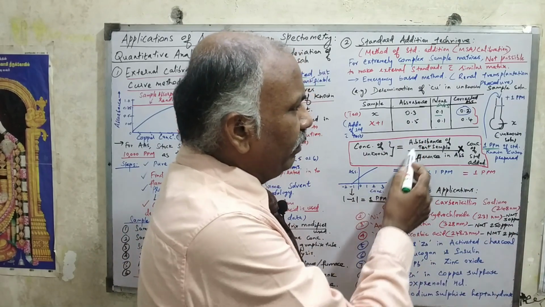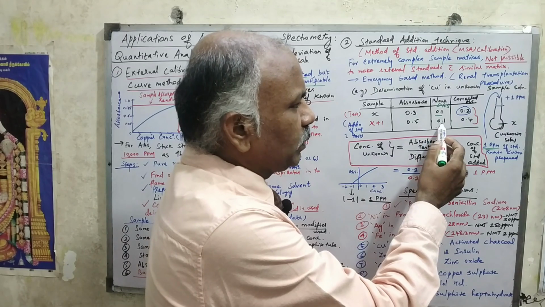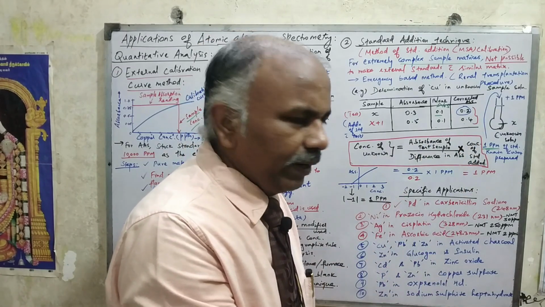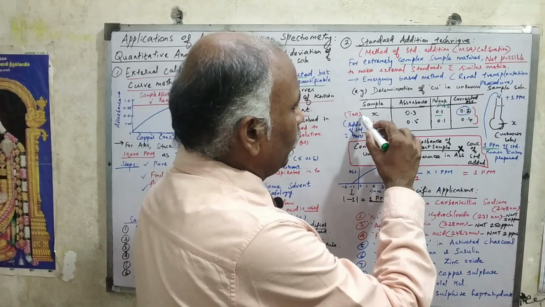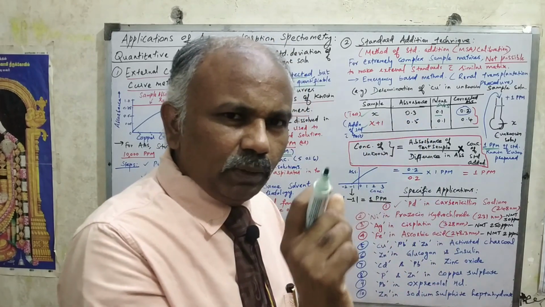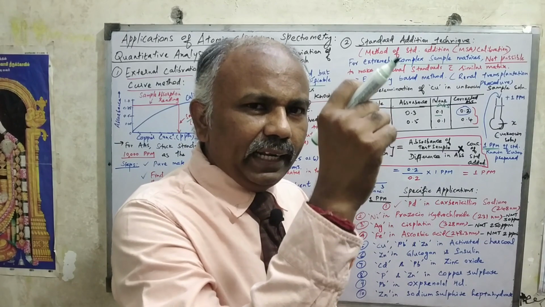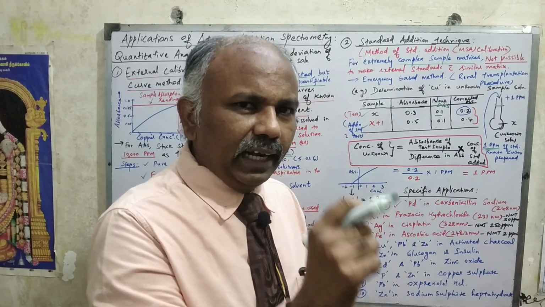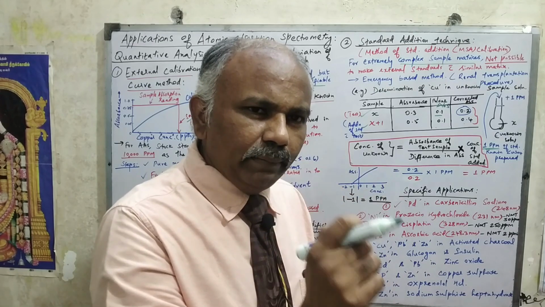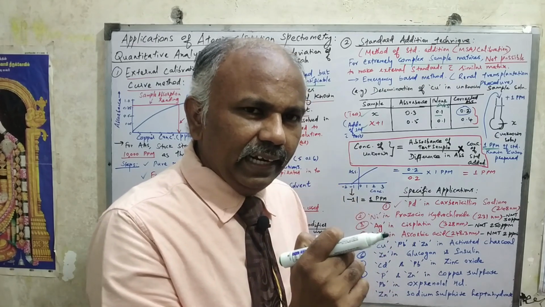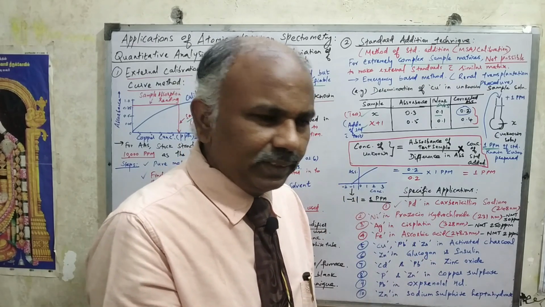I am getting 0.5, blank is 0.1. So 0.5 minus 0.1, you get 0.4, right? Now how many solutions are you preparing? Only 2, that's all. One is your sample solution, and with that you add the known quantity of the standard. Standard addition technique means a little known quantity of the same substance is added as a standard, and then you check the absorbance, right?